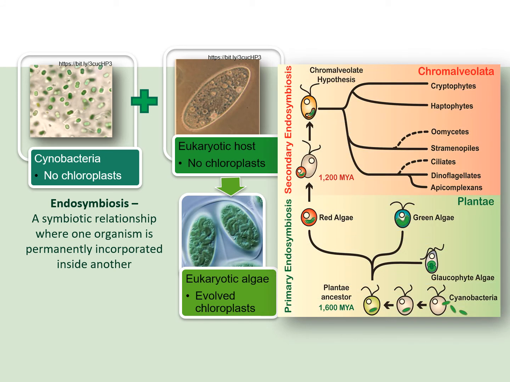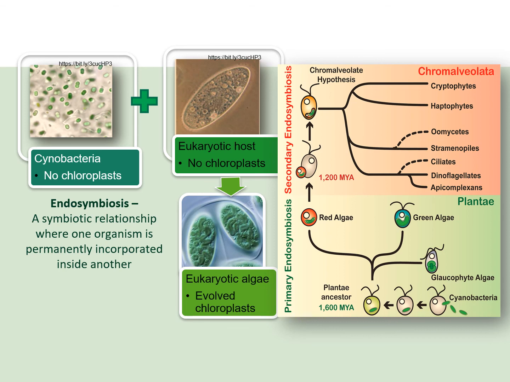Here is a more detailed diagram of the process of endosymbiosis. We can see here the primary endosymbiosis, where the cyanobacteria is being taken up by the non-photosynthetic eukaryotic host. This led to three main lineages: the green, the red, and the lesser known glaucophyte.